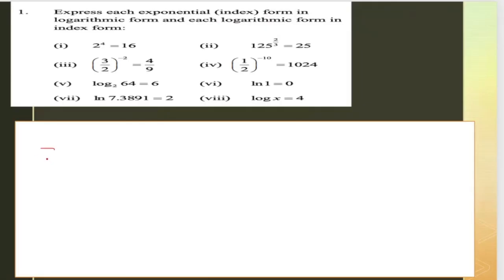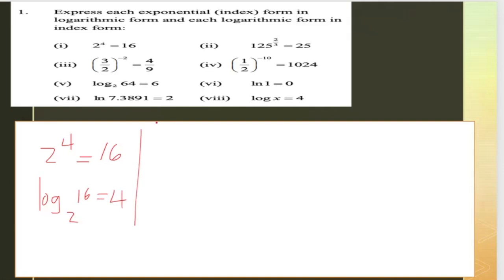So we have 2 to the 4th equals 16. Given that this is in exponential form, if I want to write it in log form, I will have log. And what's my base? My base is 2. I have 16 beside this, and then I have 4 over the equal sign.